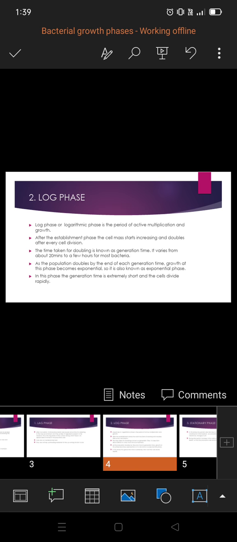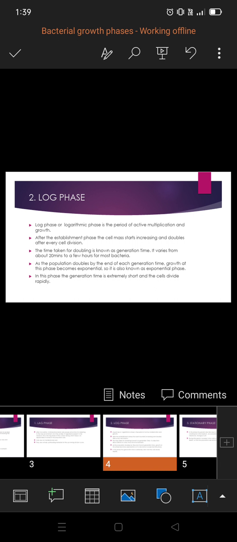And the next one is log phase. Log phase or logarithmic phase is the period of active multiplication of growth. After the establishment phase, the cell mass starts increasing and doubles after every cell division. The time taken for doubling is known as generation time.